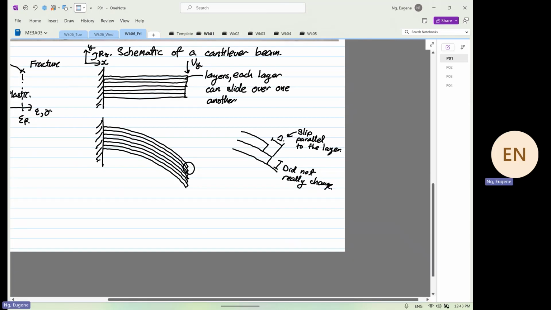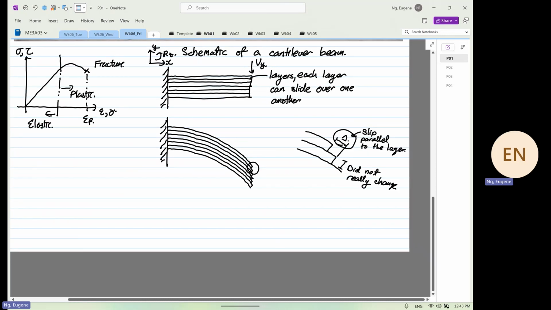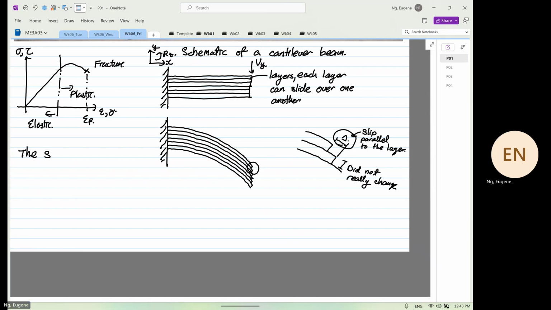It is this slip that will induce a delta, and hence you have epsilon, a strain in the direction parallel to the layers.